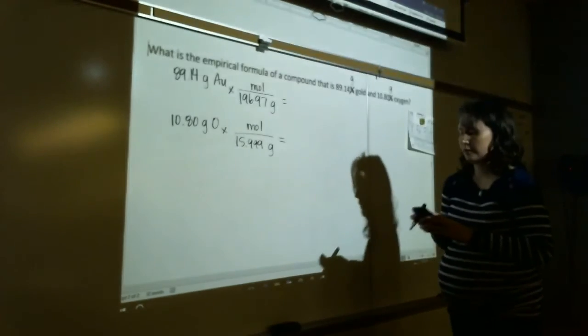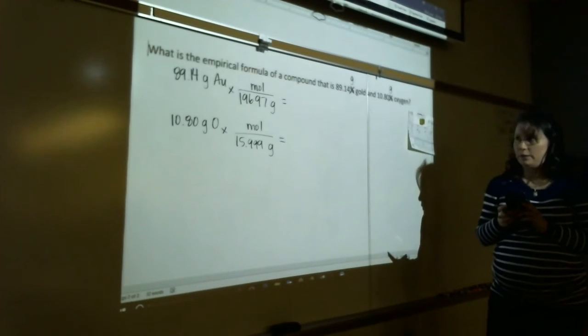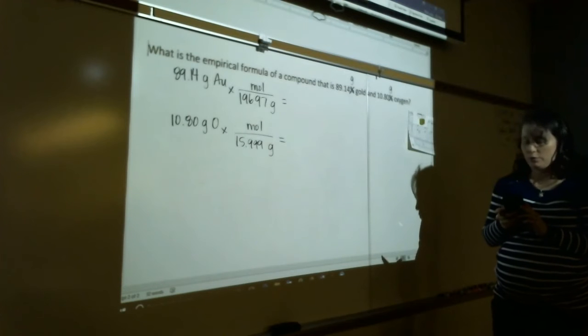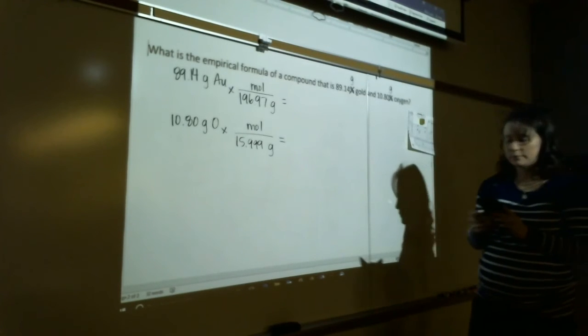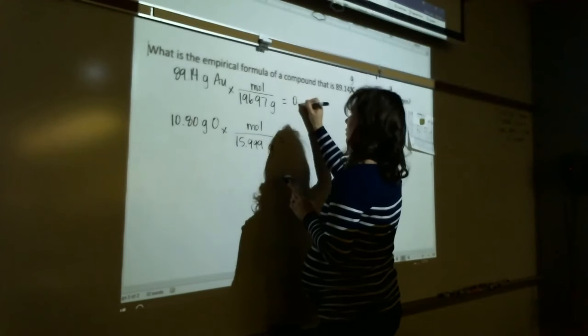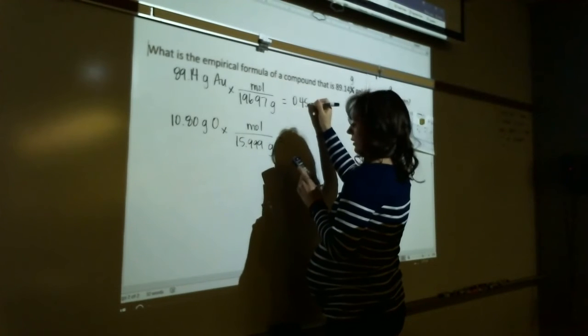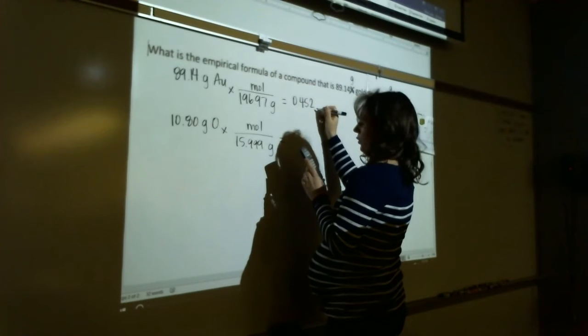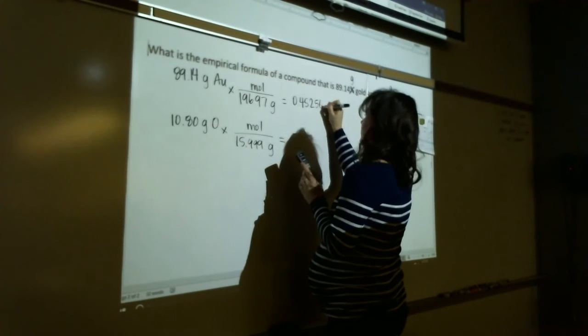Calculator. All right, 89.14 divided by 196.97 gives me 0.45256.